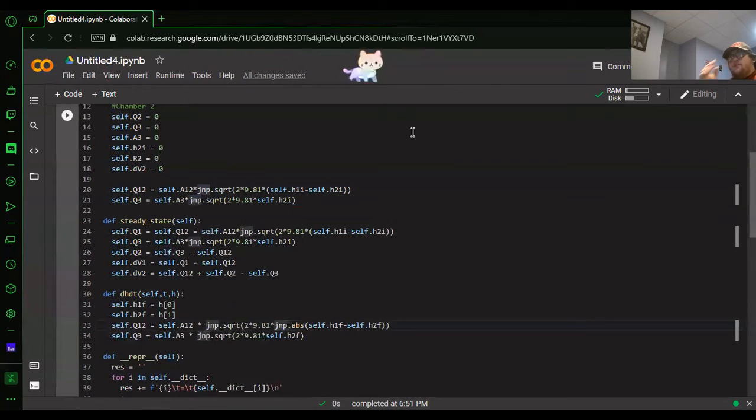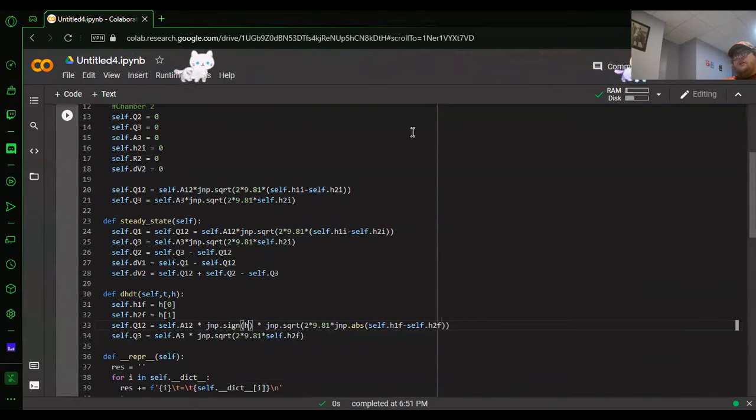So we want to reflect it in the value, so this should be negative. To do that, we're going to do JMP sign, where we plug in our difference equation right there, H1F minus self.H2F. If this returns a negative number, it'll multiply the entire equation by -1, but if it's positive, it'll just multiply by +1.